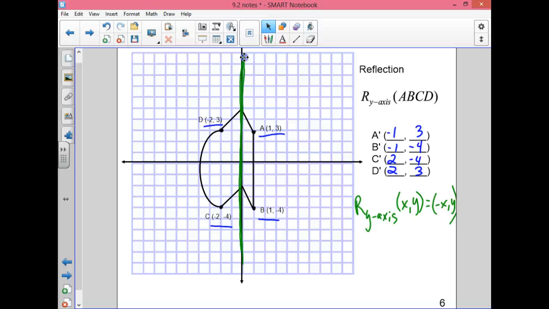So let's plot those and get our new picture. So A prime, B prime, all the way. Okay, now this is going to be tricky.